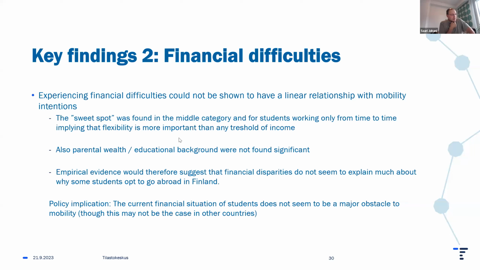But this is not to say that the situation, if it's perfect now, couldn't be changing, because of what we're experiencing right now across Europe, with the soaring inflation and economic uncertainty, it might be that the same results would not be found had they been conducted with the coming EuroStudent within a few years.